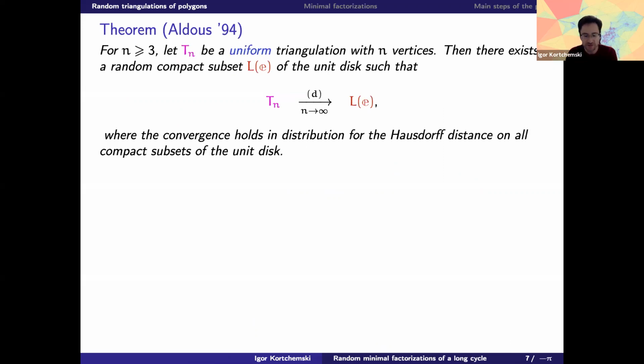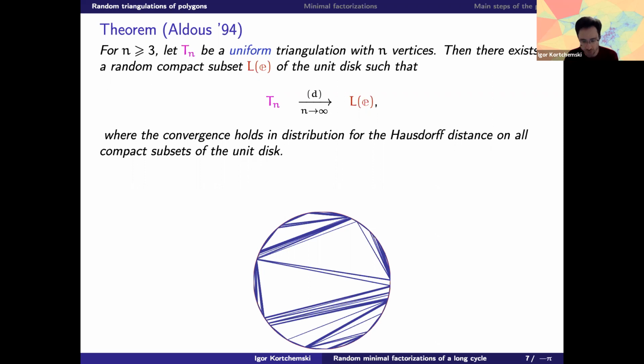And this convergence in distribution holds for the Hausdorff distance on all compact subsets of the unit disk. So as a drawing, a random triangulation appears in the limit. Here is a simulation of it. And it is a triangulation in the sense that the complement of the compact subset is a union of triangles.